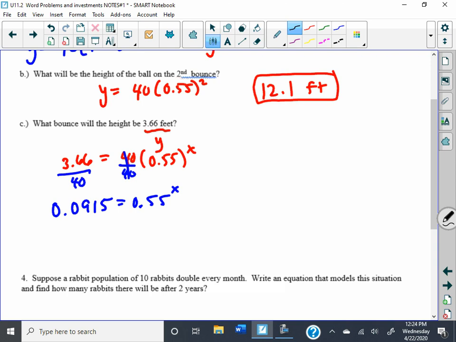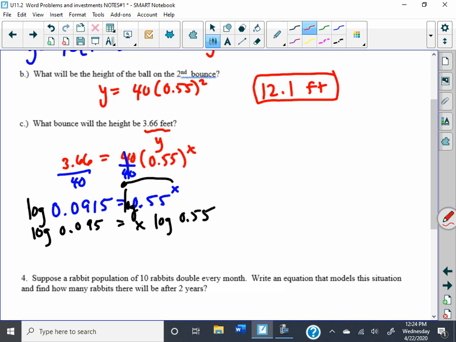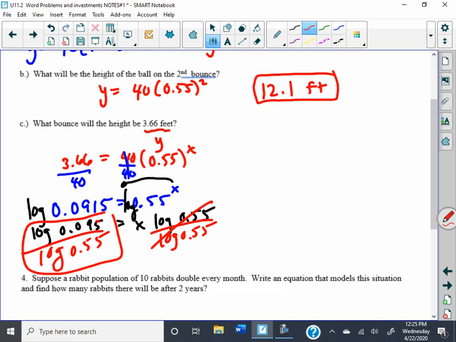All right, so then just like before, we're going to log both sides because our variable is in the exponent, and then the x will come down. Then let's go ahead and divide by log 0.55 on both sides. There's our exact answer. Let's put it in the calculator.